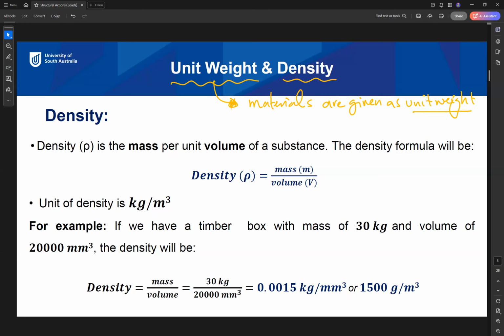So the material properties or the material weight is given as unit weight, similar to Tables A1 and A2 of the Australian Standard 1170.1. So we need to know what unit weight means and what density means, because we will need these two concepts to find the weight of the materials. So let's start with density.